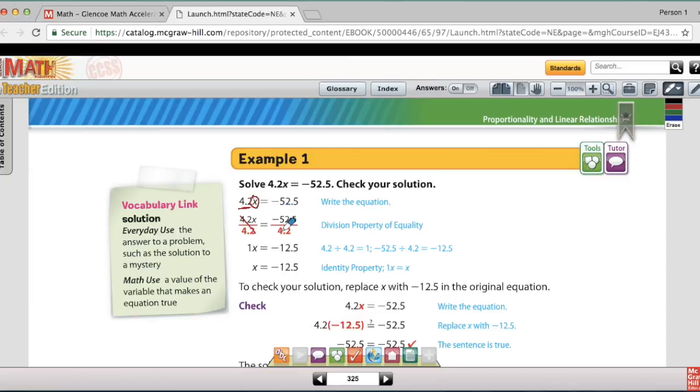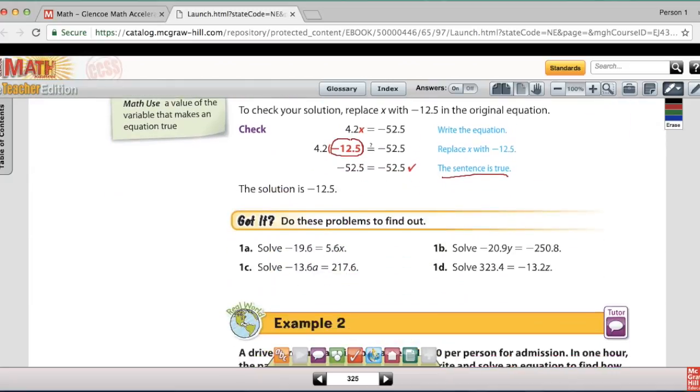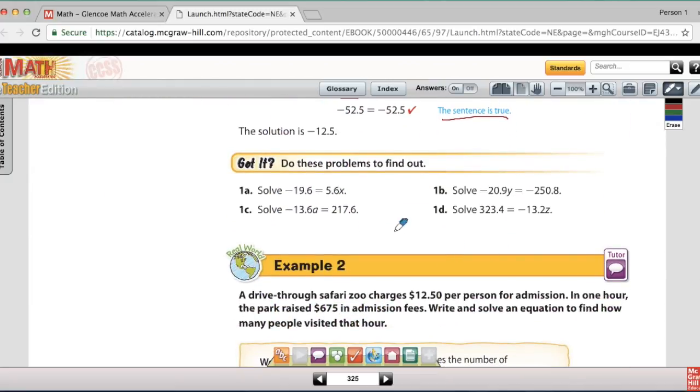And then when you divide by 4.2 on the right, you get negative 12.5. Okay, and of course, substituting that negative 12.5 back into the equation will verify your solution and whether or not the sentence is true.